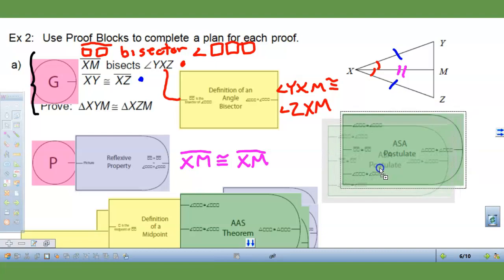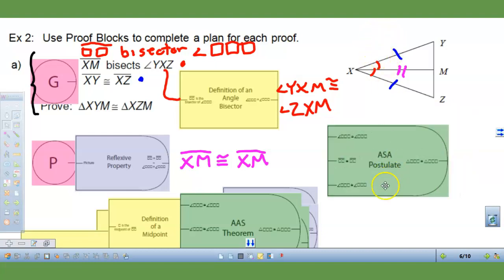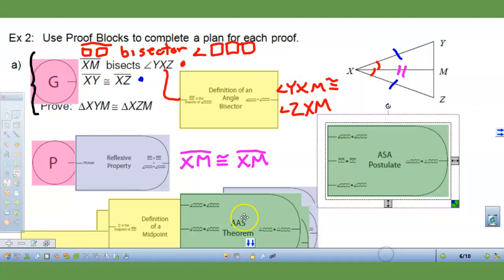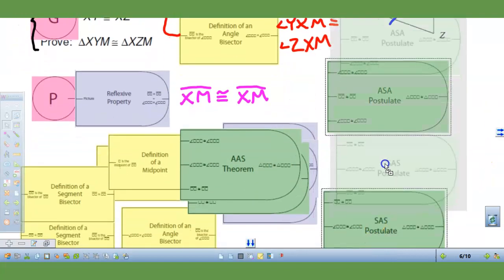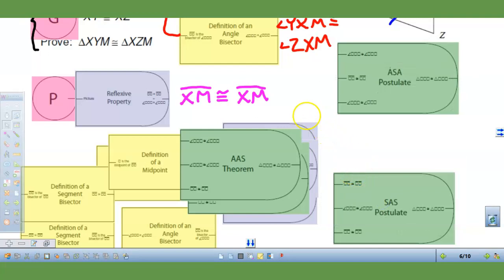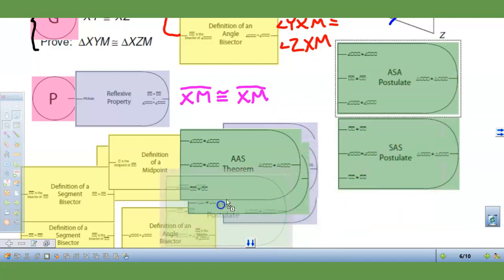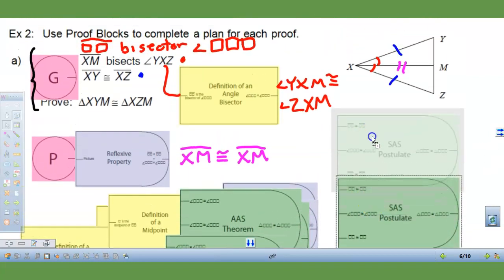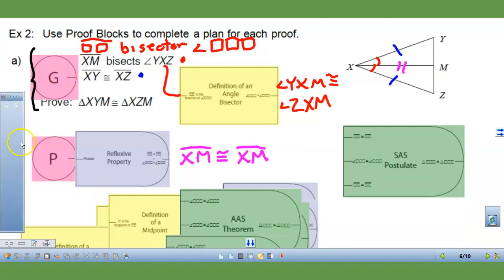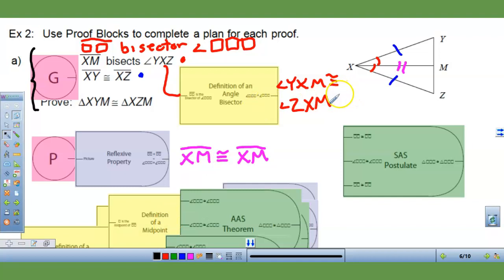To use this postulate, we did an angle, side, angle. Side angle side postulate, there it is. And here's how you'll draw these out on your papers. From here, this angle goes in here.